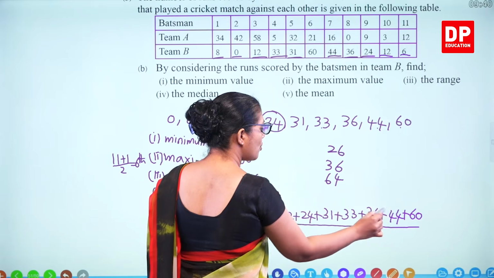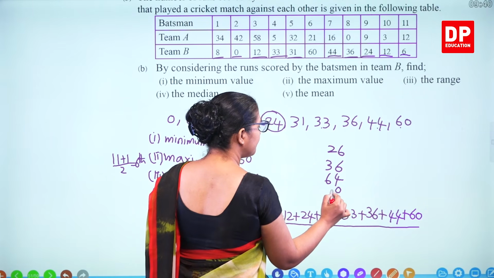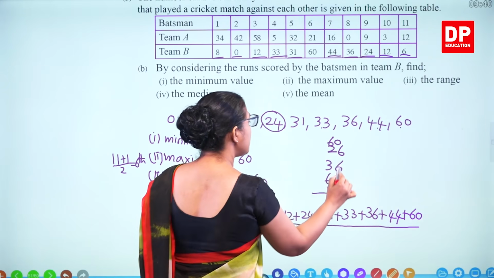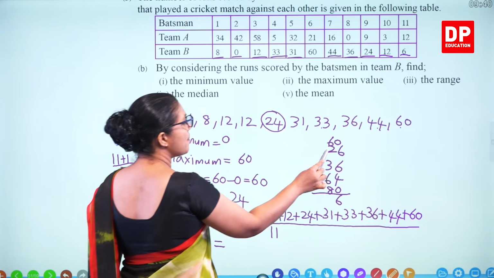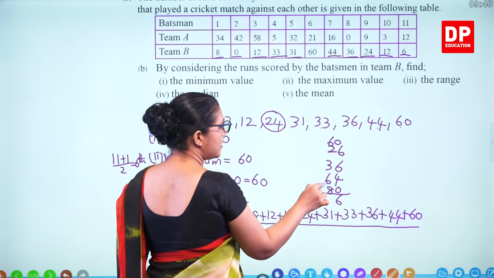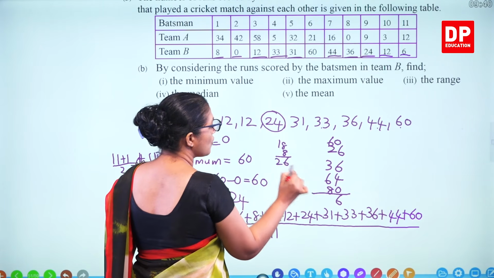And these two, you get 80 and then 60. When you add it, 10 and 6, 16, 1 remaining. 7 plus 2, 9, 9 plus 9, 18, 18 plus 8, 26.